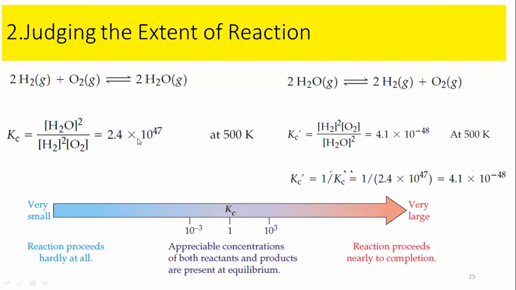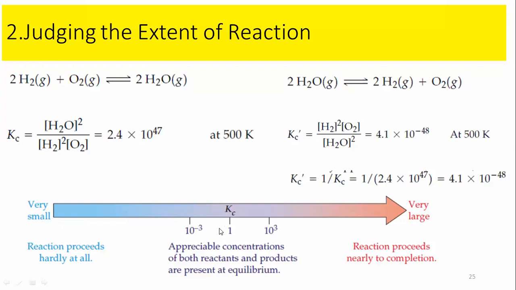This is the case which is given over here. Look at the values, it is exponent 47. That means the main product over here is water, and the reactants are negligible as compared to the product. In a similar way, if you are moving towards the back side, this should be non-spontaneous.